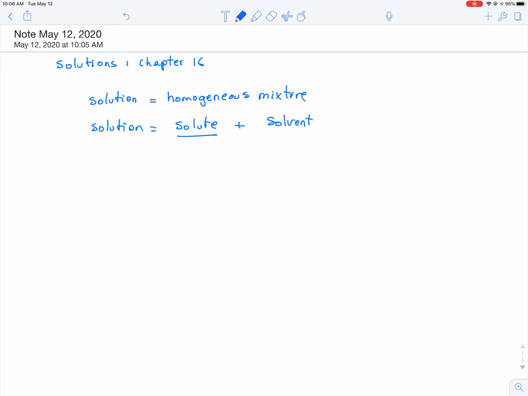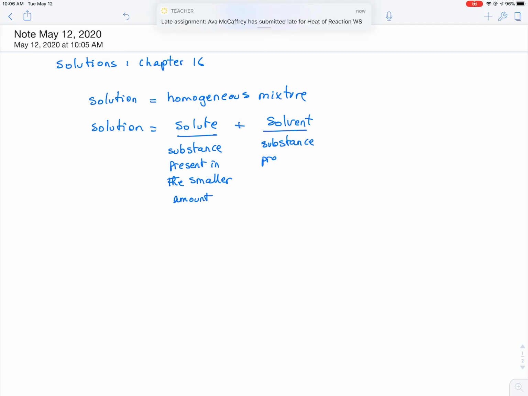So you have the solute is the substance that is present in the smaller amount, versus a solvent is the substance present in the larger amount.